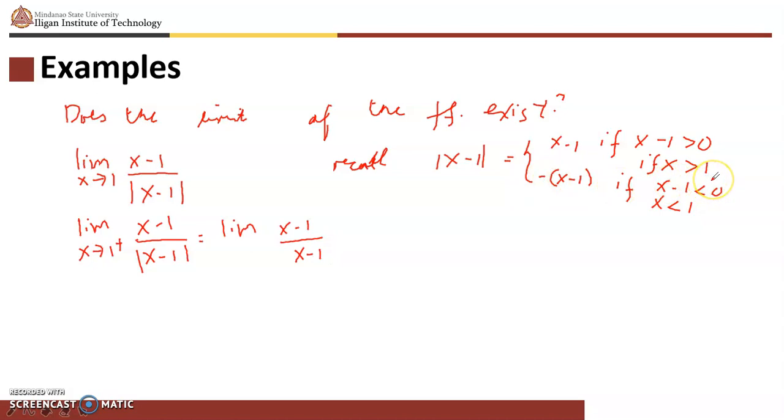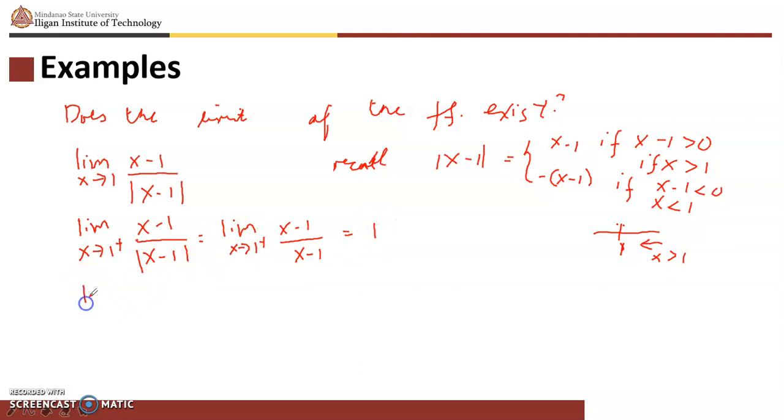So x approaches 1 from the right. Take a look at your number line here. If this is your 1, then x approaches 1 from the right, because all values here are x greater than 1. And this should give us 1.